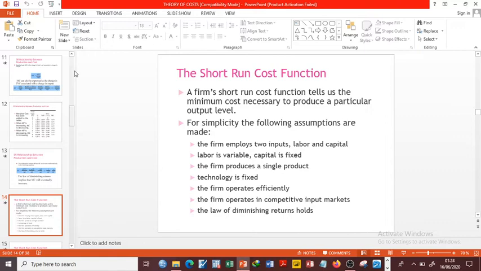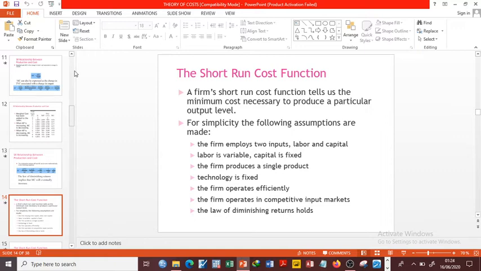So the more you increase the number of employees in your business, the more efficient they will be in producing output. The more output they will produce because they are more workers than when you are only one person doing the work.